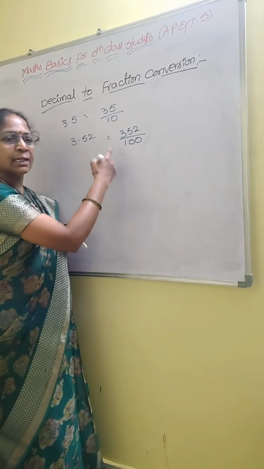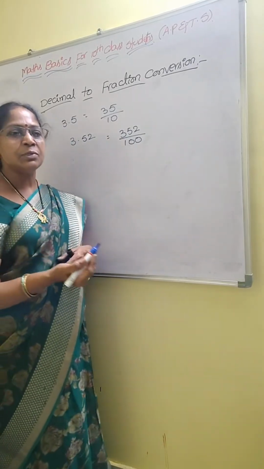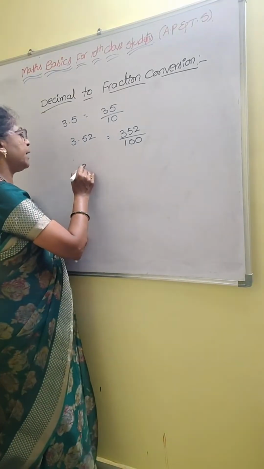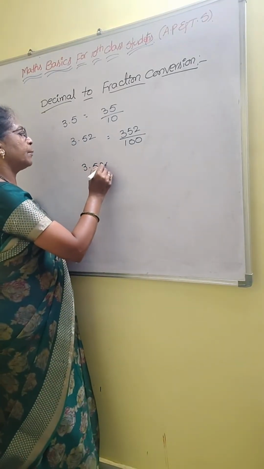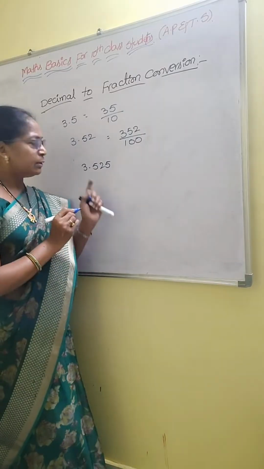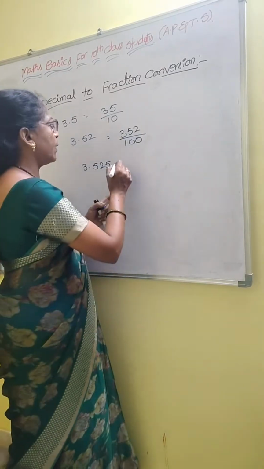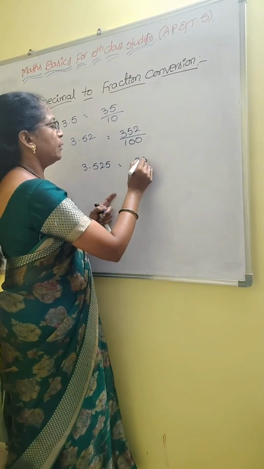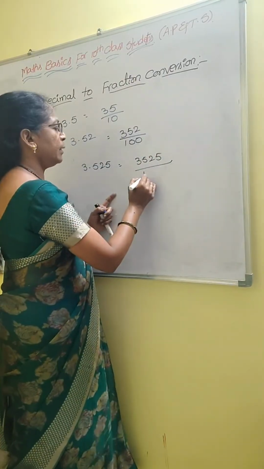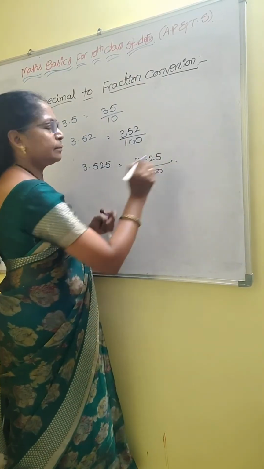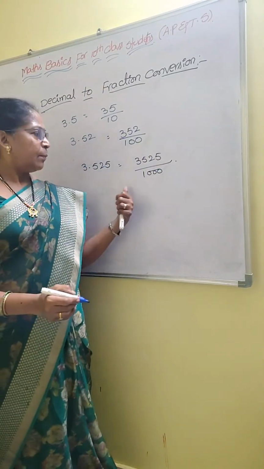Here 2 digits are there, so you put 1 followed by 2 zeros. Like that, 3.525. Here 3 digits are there, so you write 3525 divided by 1000.